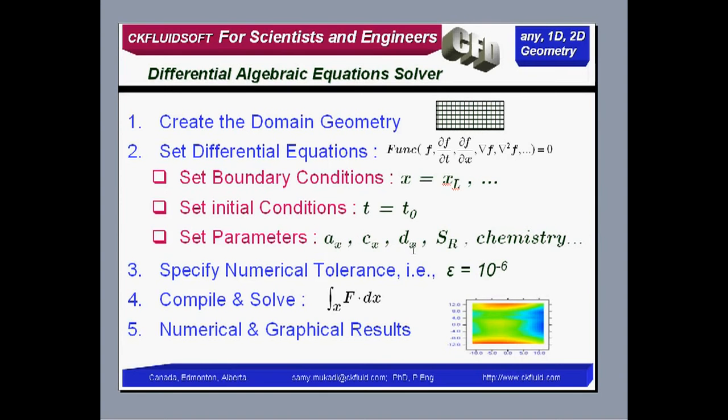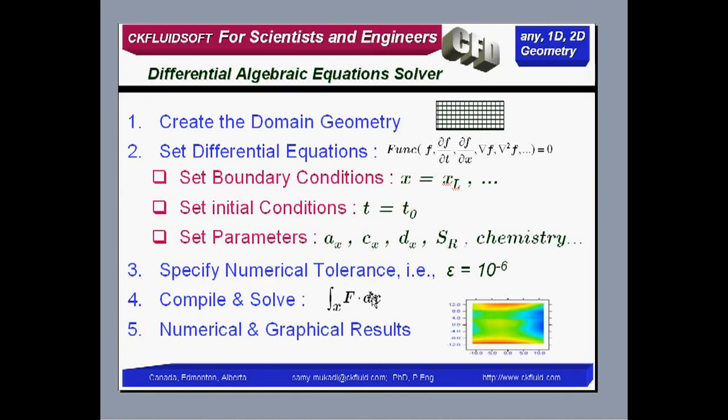The package also includes a chemistry package that one may use to define chemistry. This package is very effective for introducing the chemistry within the CK-Fluidsoft. And after that, one may update the numerical tolerances and the numerical methods to be used during the solution process.